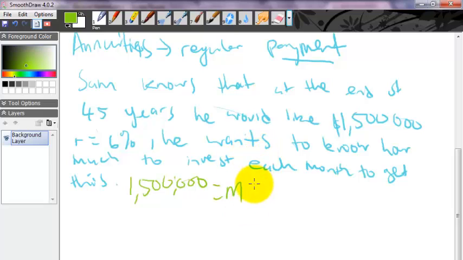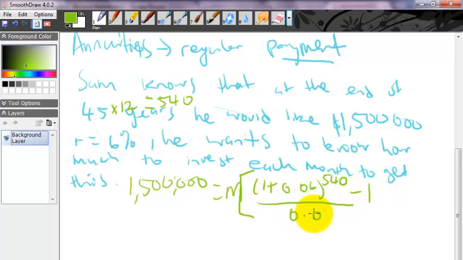Okay. 1 plus, what's my interest rate? 6%, so 0.06, to the power of N. Now, N is 45 years, but it's a monthly repayment, so I'm going to do 45 times 12. That's how many periods I'm going to be paying. I'm going to be putting money in 540 times, essentially. Make sense? So that's to the power of 540, take away 1, over 0.06.